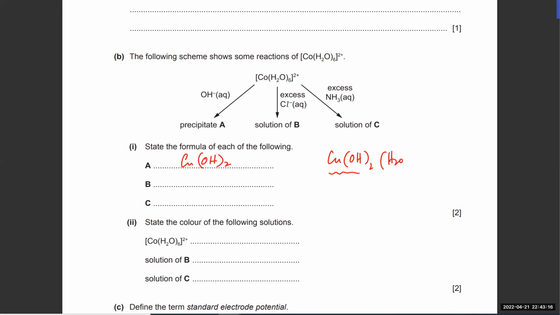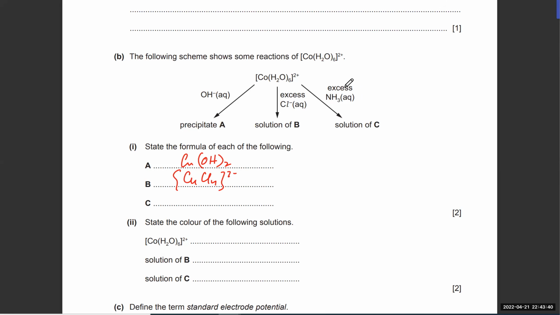This same thing happens when we add aqueous NH3. Initially, when you add a small amount of NH3, the same thing happens. Add Cl ions, you'll get CuCl4 minus. And when you add excess NH3, this thing will not happen.